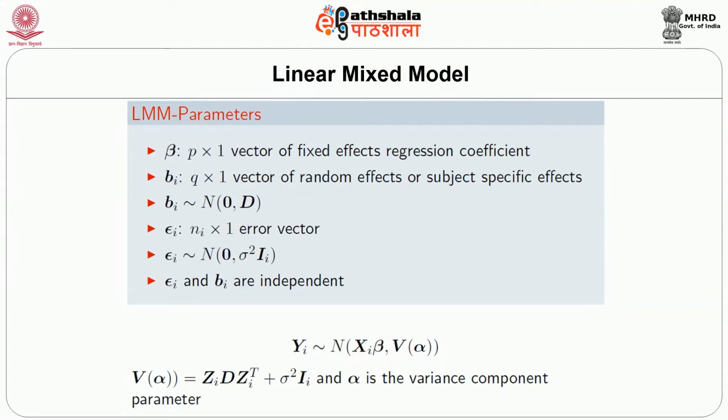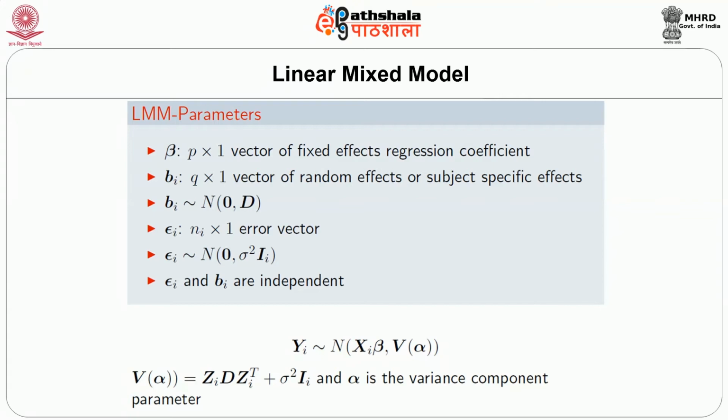And then we have bi, which is a q cross 1 vector of random effects or subject specific effects. Again in the random intercept random slope model, b0i and b1i were the bi coefficients. So both p and q were equal to 2 in a random intercept random slope model.